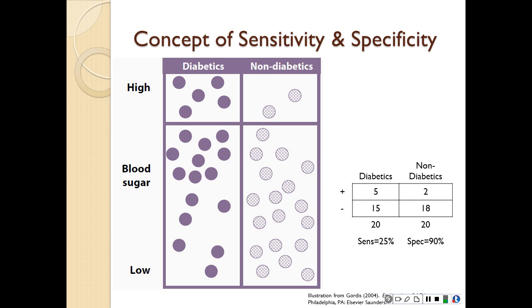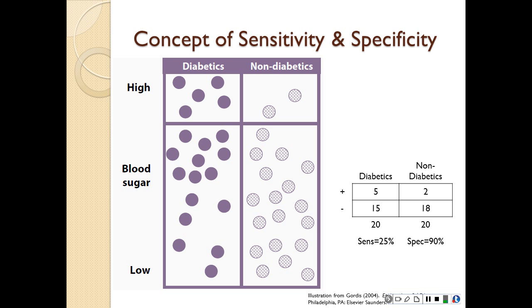So if we choose a high level for our cutoff value, we'll identify some people with diabetes, but we will miss a whole lot that do have it. This test would have low sensitivity, because sensitivity means, out of everyone that truly has the disease, how many of those people are identified?